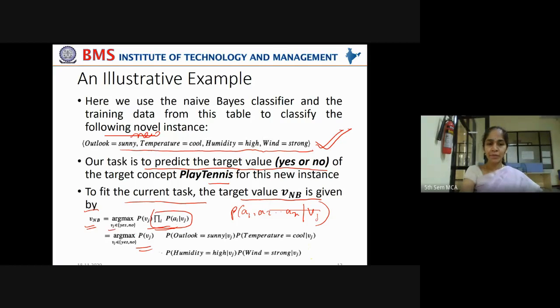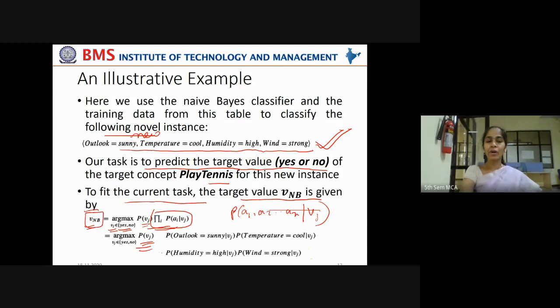Did you observe here, this vj belongs to the outcome label set, the target label set: yes or no, because it is a binary classification problem. Sometimes you may have multiple classes also. Here, because it is binary classification, you just have two outcomes, yes or no. Now, you have to calculate the probability of yes and the probability of no. Both cases you have to calculate, right?